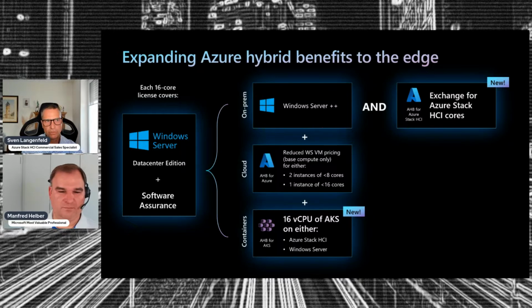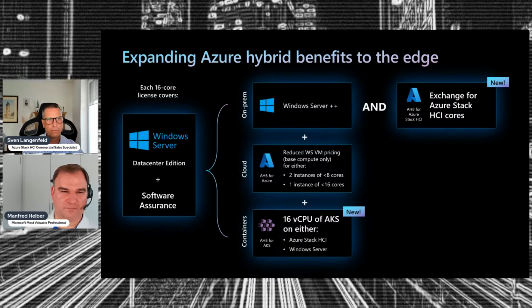So one of the benefits, for example, is that you can use AKS, Azure Kubernetes Services, for free or with no additional cost. But this is true for Windows Server as well, so it does not have to be Azure Stack HCI.